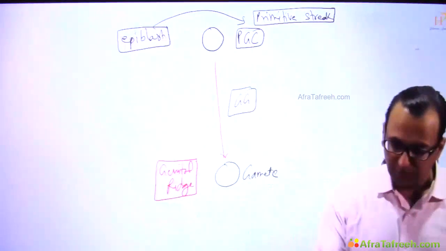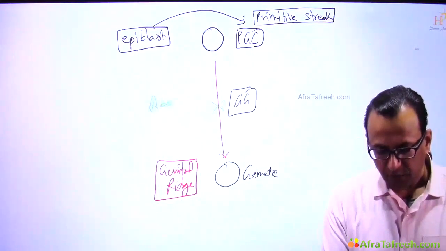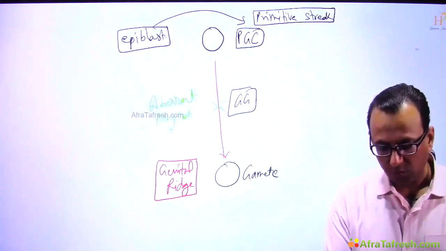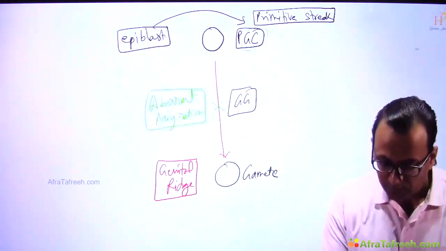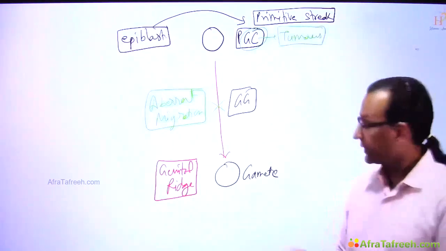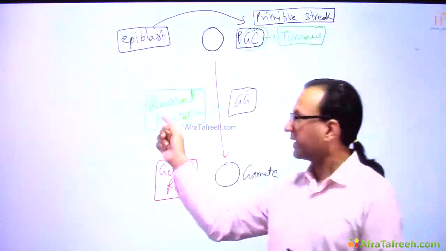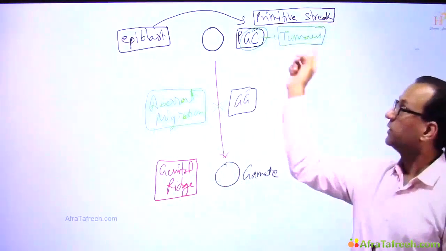And if we have got a case of aberrant migration, there can be tumors. And what do you call those tumors as? They are called as germ cell tumors. So we are mentioning, if the primordial germ cell is having a problem, some aberrant migration towards the genital ridge and going to some other place, then there could be germ cell tumors.